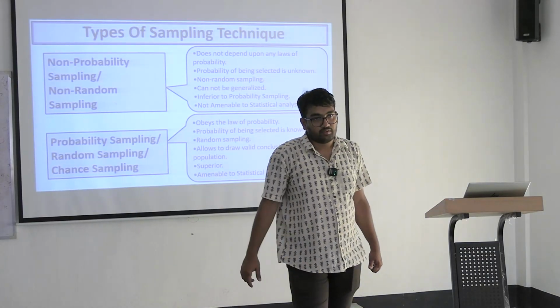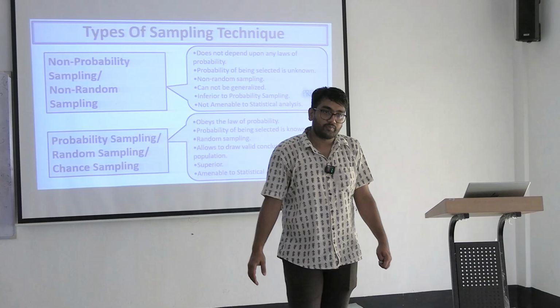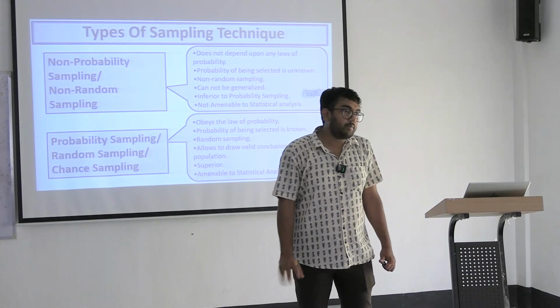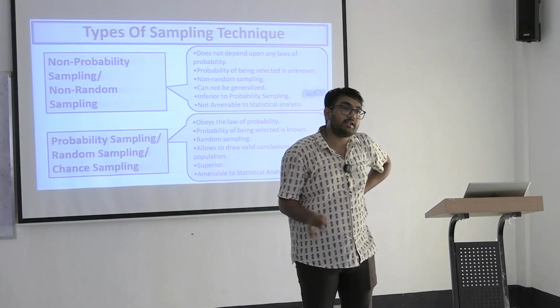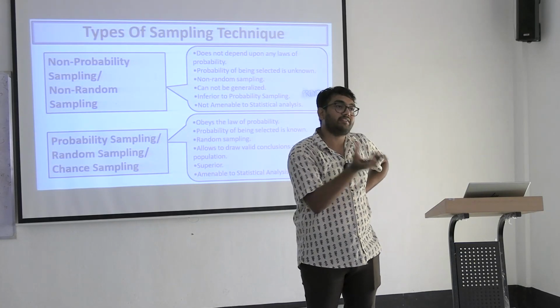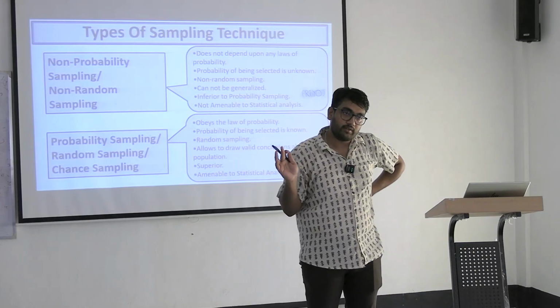Suppose I want to find out what is the average screen time of adolescents in Birbhum, and I do a study. Then I do statistical tests, and I find out in my sample the mean screen time is maybe 4.5 hours.